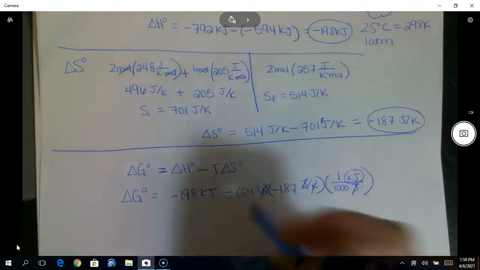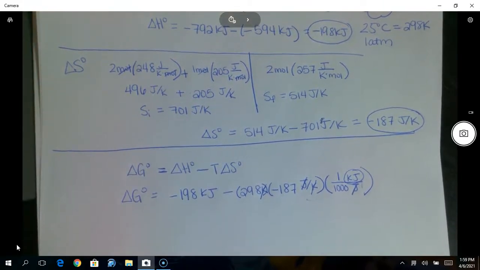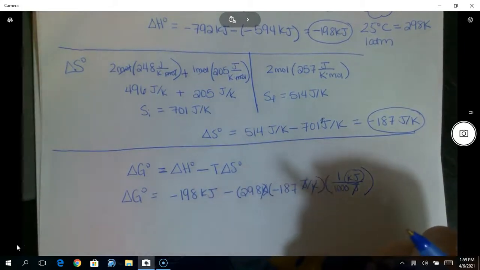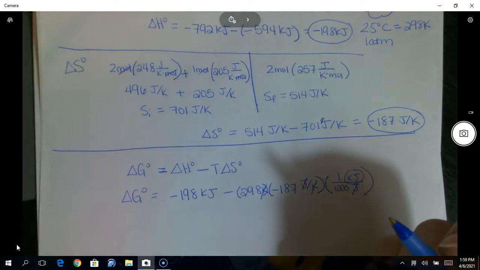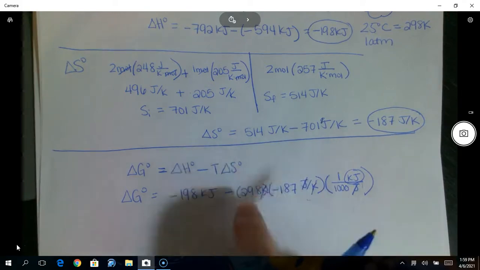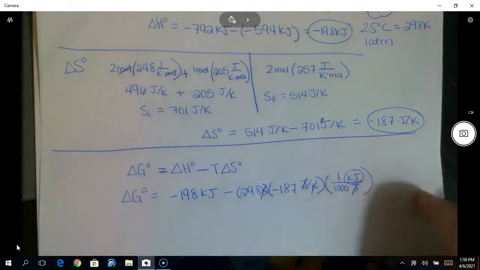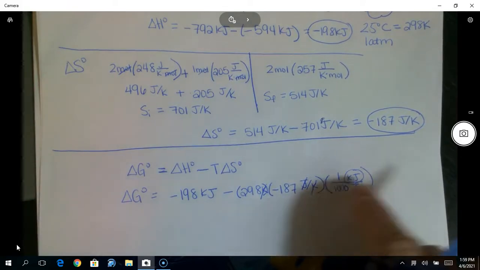Okay, so let's do that math. I've got 298 times negative 187 divided by 1,000. That gives us negative 55.726. I only get to keep 3 sig figs, because I have 3 here, 3 here. This is an absolute 0.0000, which has an infinity amount of sig figs, so that doesn't count.